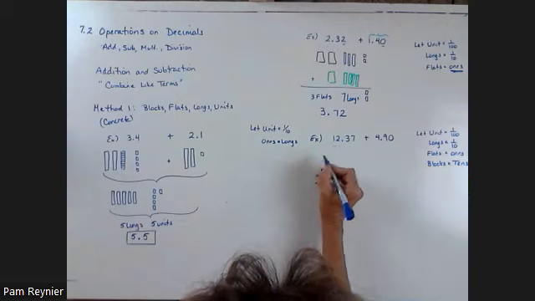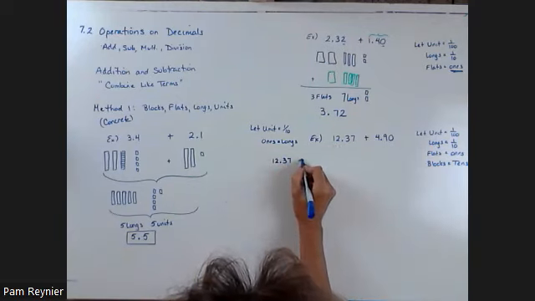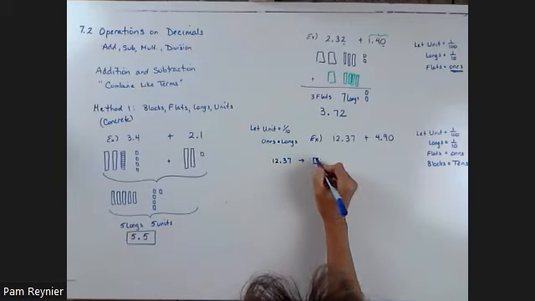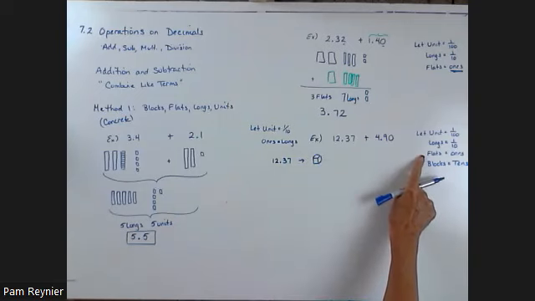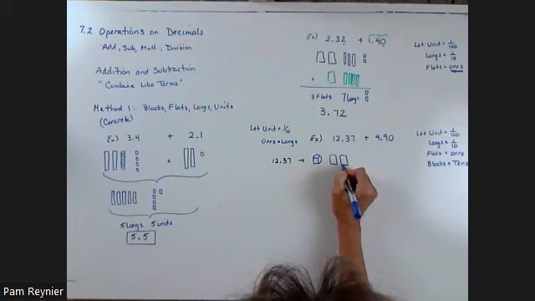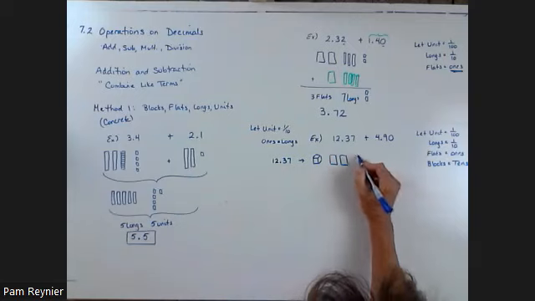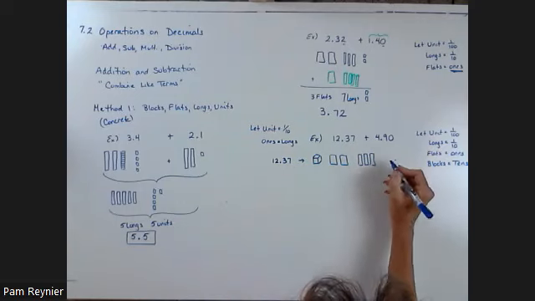So I'll do this off to the side. 12.37 would look like 1 block, 2 flats, 3 longs, all base 10, and 7 units.